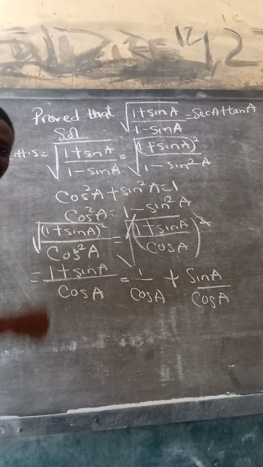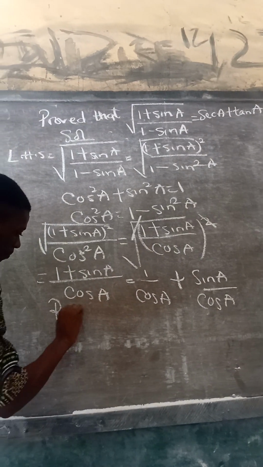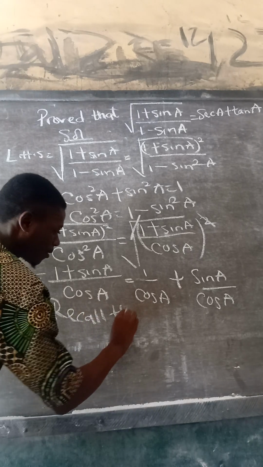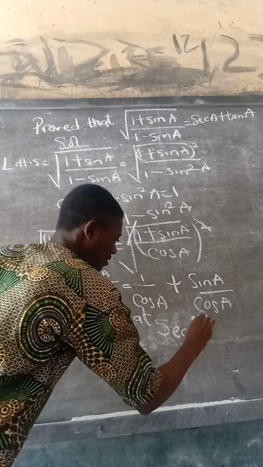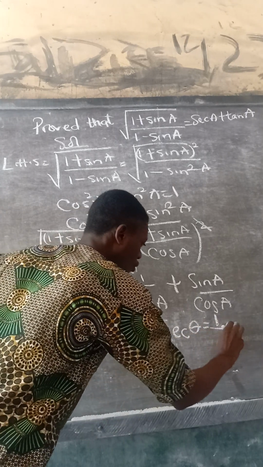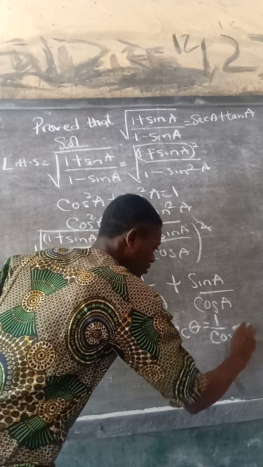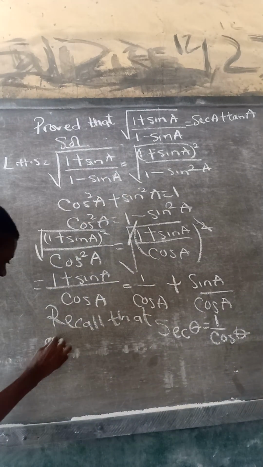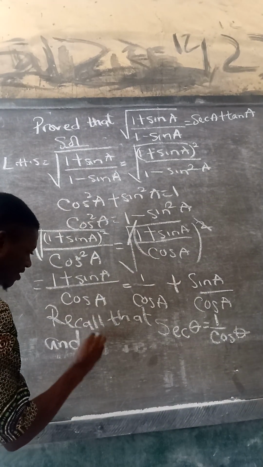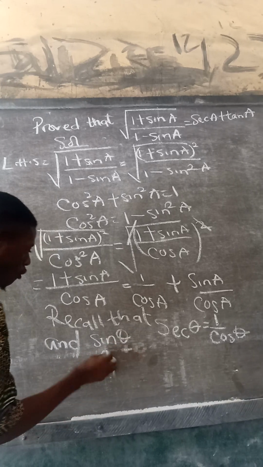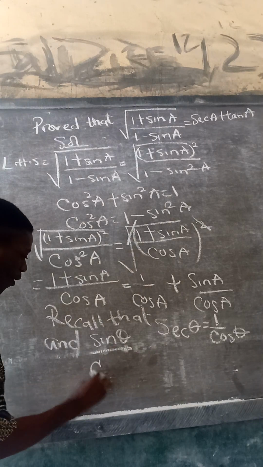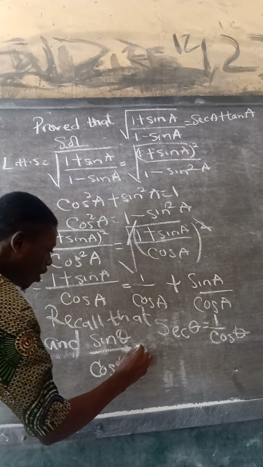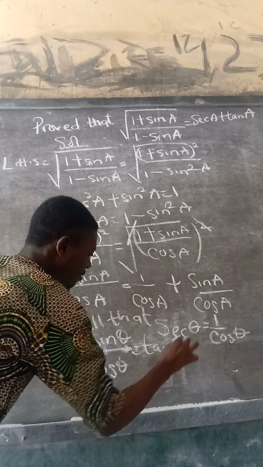From our trig identities again, recall that secθ equals 1 over cosθ, and sinθ over cosθ equals tanθ.